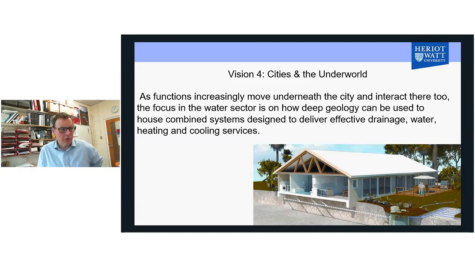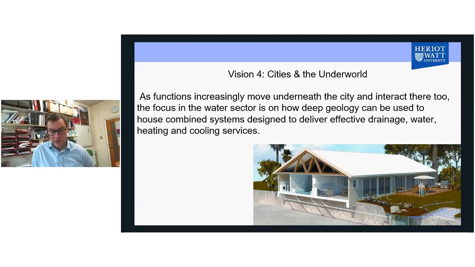Cities and the underworld. As functions increasingly move underneath the city and interact, there too the focus in the water sector is on how deep geology can be used to combine systems designed to deliver effective drainage, water, heating and cooling services.